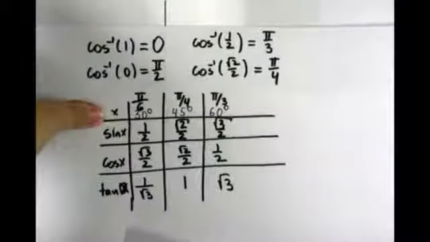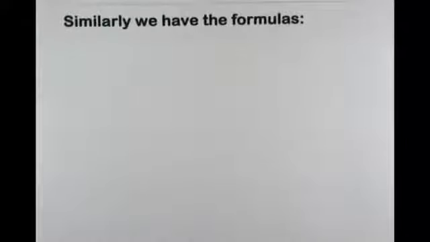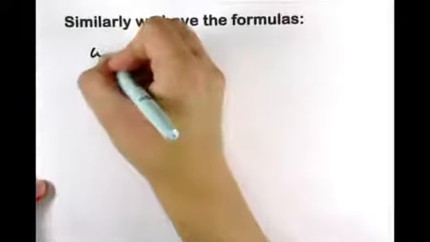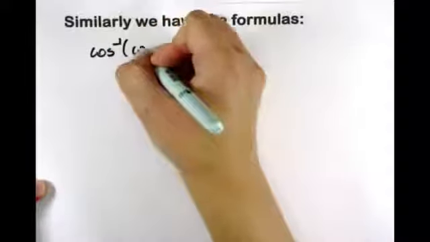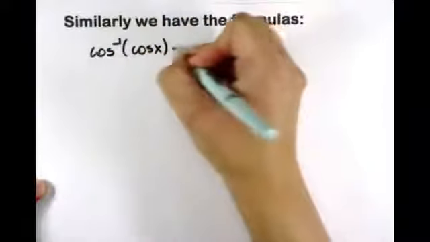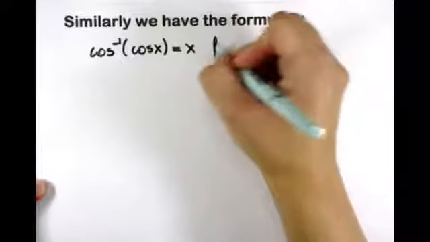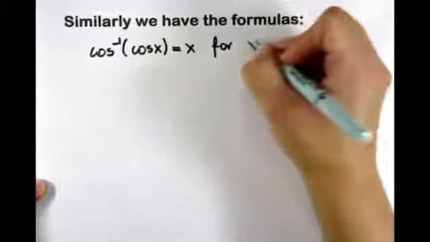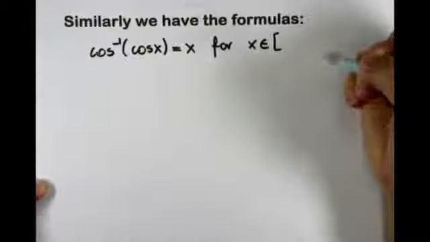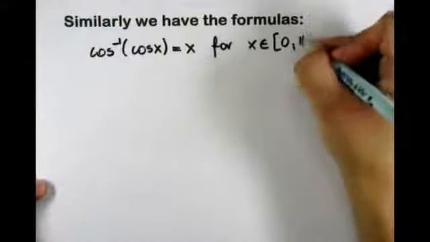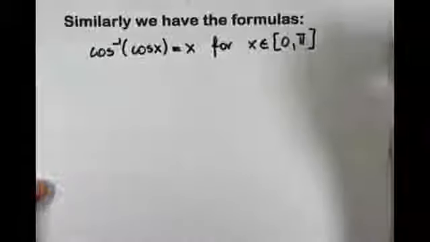And similarly as for sine inverse, we had the cancellation formulas. We had that cos inverse of cos x is equal to x for x from the interval 0 to pi.